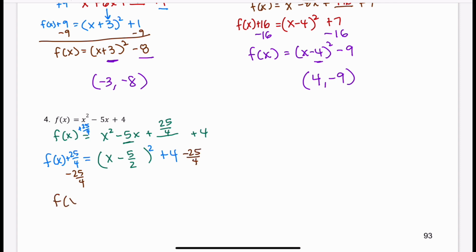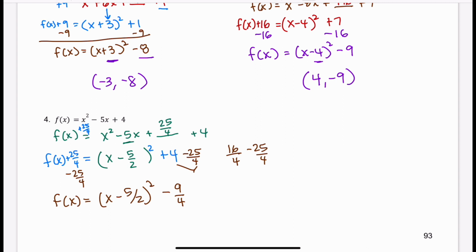So f of x equals (x - 5/2) squared. Now I'm going to add 4 and -25 over 4. I get a common denominator. I get 16 over 4 minus 25 over 4. That gives me -9 over 4.